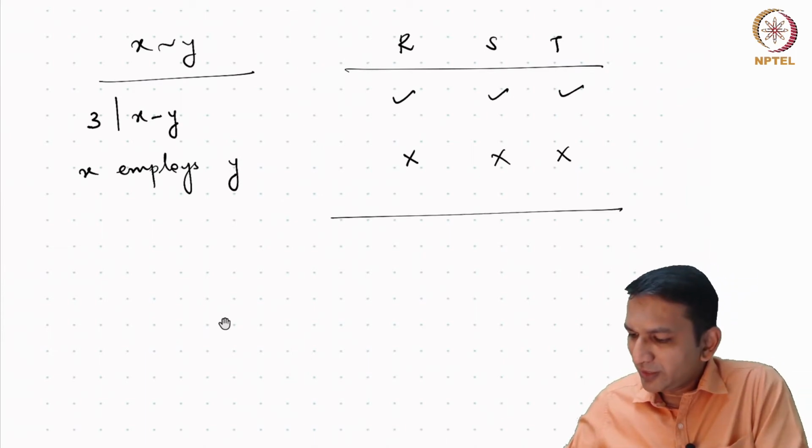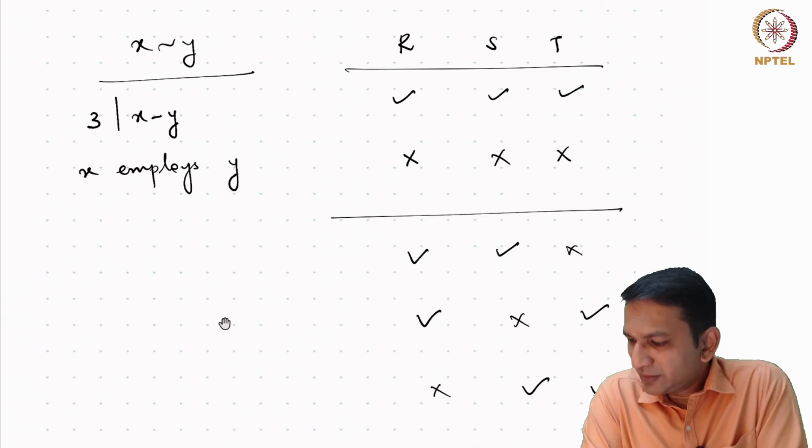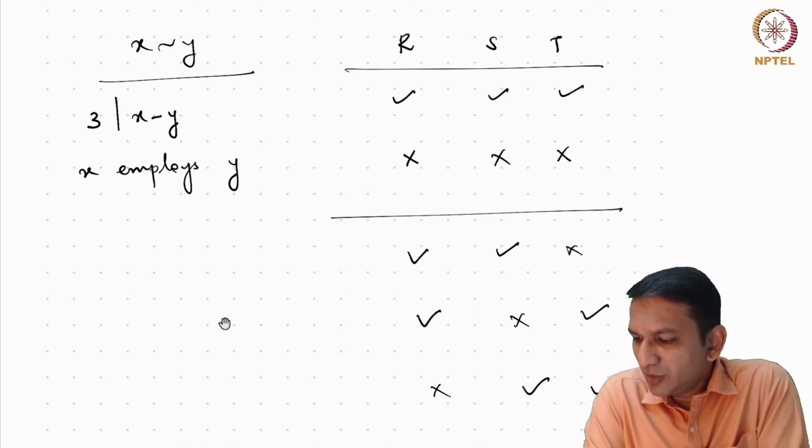Now let's look at relations which have two of these properties. So what could be a nice interesting example for a relation which is only reflexive and symmetric but not transitive?